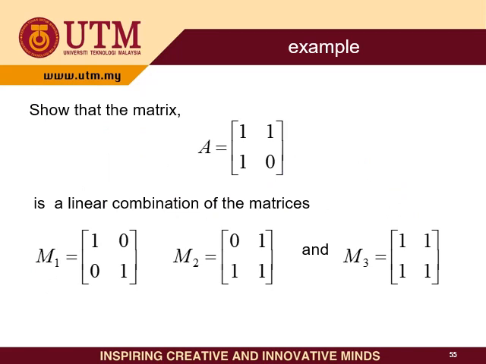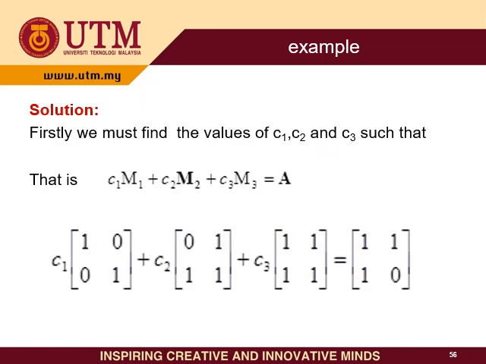Another example here asks us to show that the matrix A is a linear combination of these matrices M1, M2, and M3. First, we must find the values of C1, C2, and C3, same as the previous example.